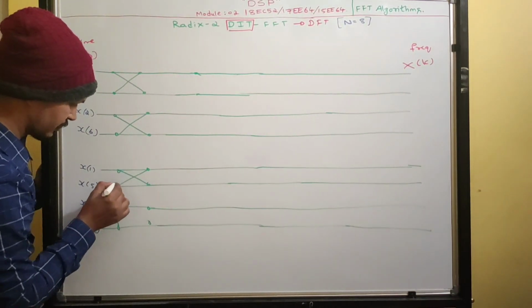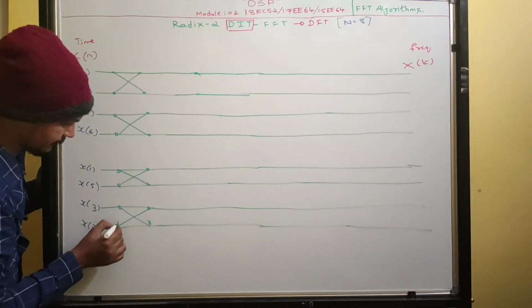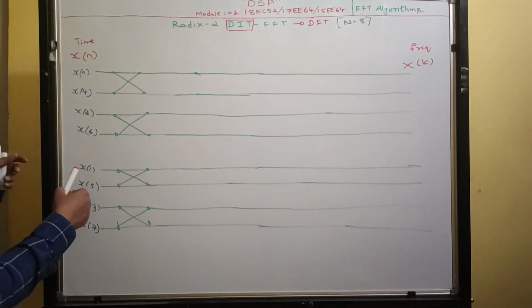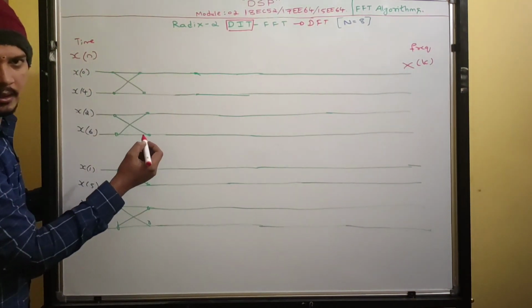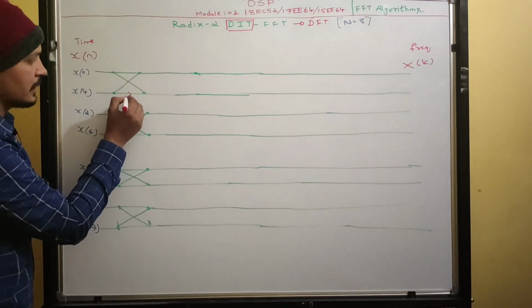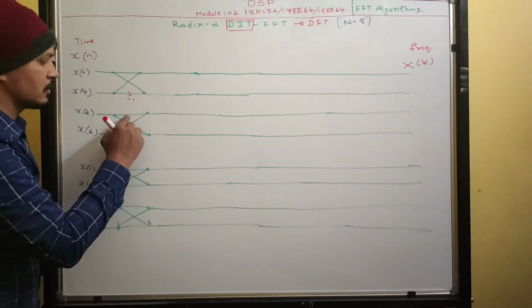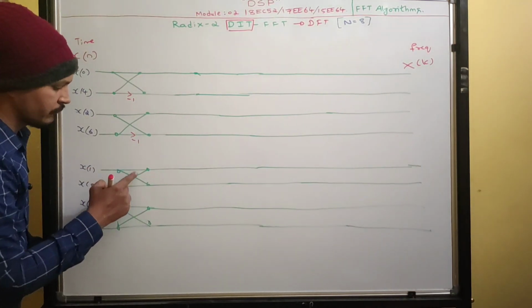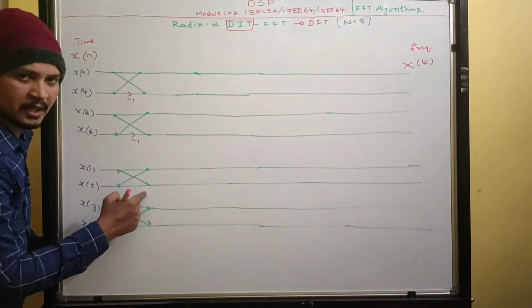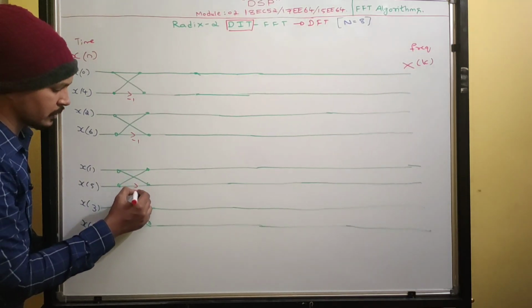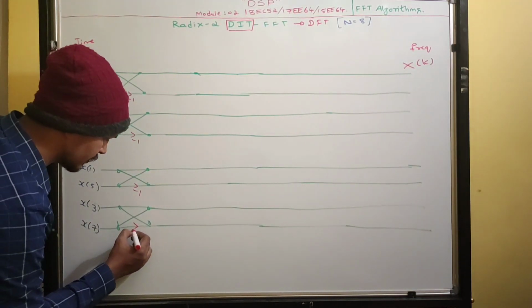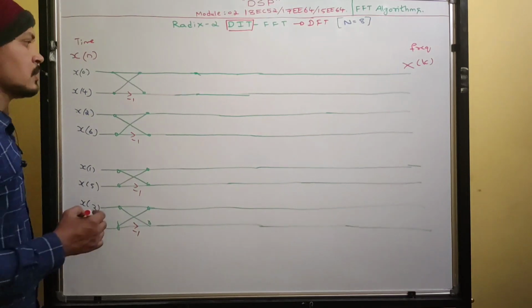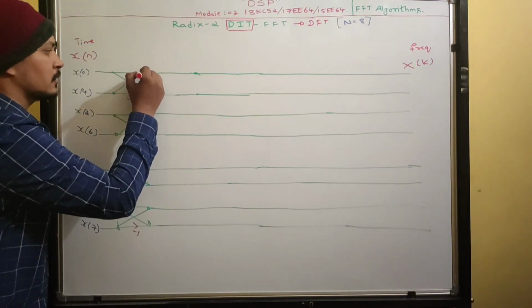Fine. So now just you cross multiply. Now you leave the top one empty, the bottom one you write -1. If it is connected between 2 lines, leave top one, write bottom -1. So here also -1. See, now here it is connected.